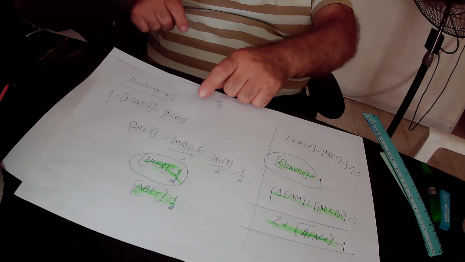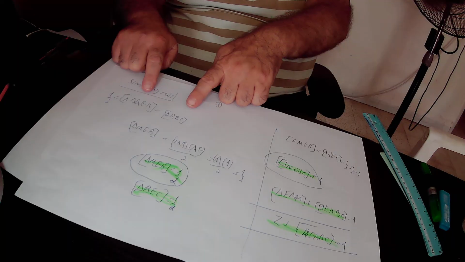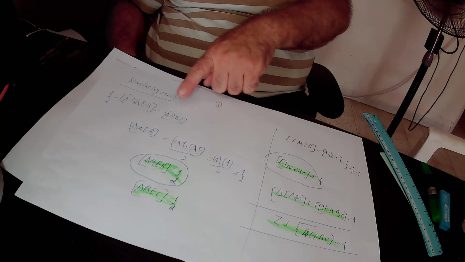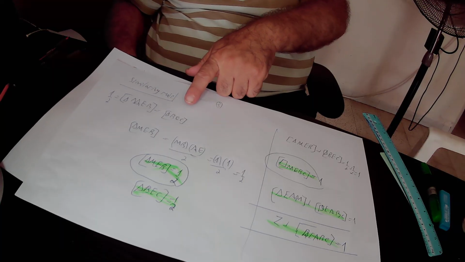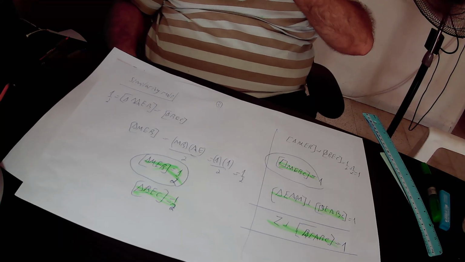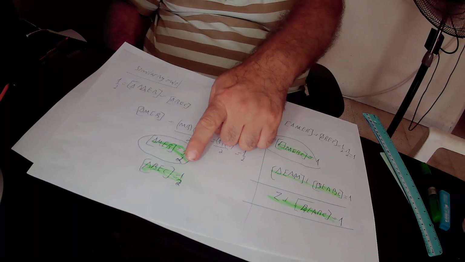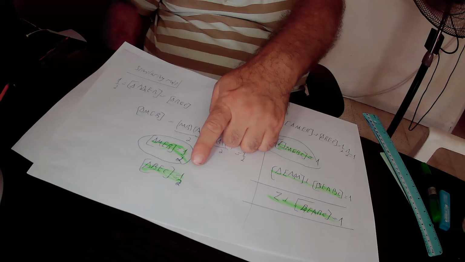But we already found out that the area of triangle MEB is equal to the area of triangle BEC, and therefore the area of triangle BEC must also be equal to 1 half squared in size.